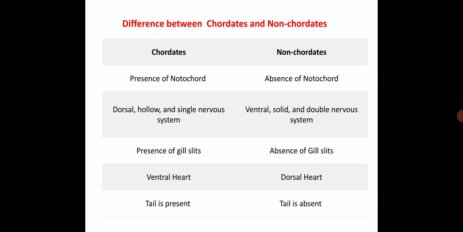In chordates you can see the presence of gill slits, a fundamental character, whereas in non-chordates gill slits are absent. In chordates the heart is ventral, and in non-chordates it is dorsal. Chordates possess a post-anal tail, whereas in non-chordates the post-anal tail is absent. These are some of the differences between chordates and non-chordates.